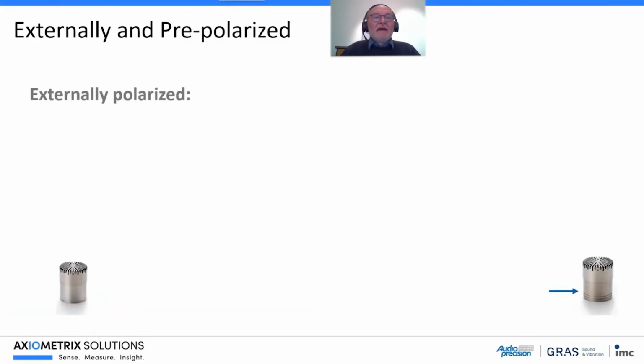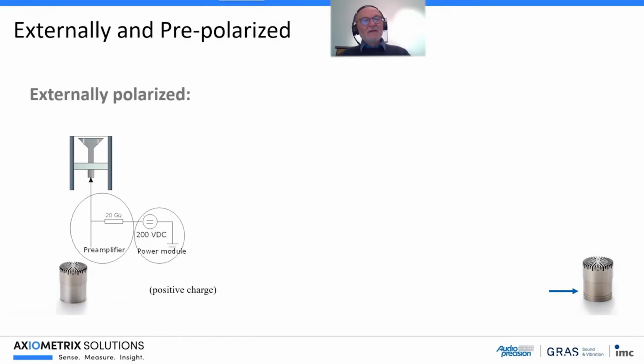If we have a closer look at the principle, if we remember from one of the previous slides, we actually have a microphone power supply. In this one, we have our polarization voltage, and it's a positive voltage. This voltage will be connected to our preamplifier.